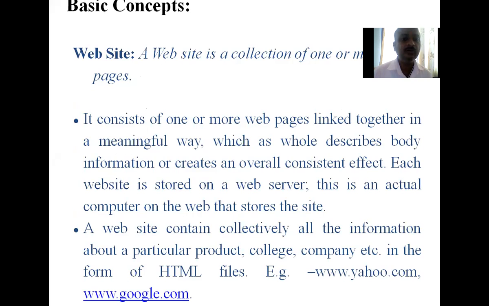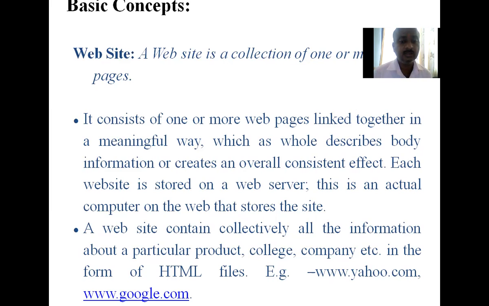It consists of one or more web pages linked together in a meaningful way, that is, a particular way which as a whole describes body information and creates an overall consistent effect. And each website is stored on a web server. This is the actual computer on the web that stores the site.